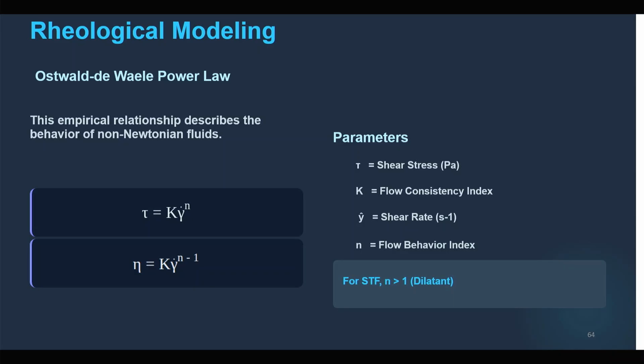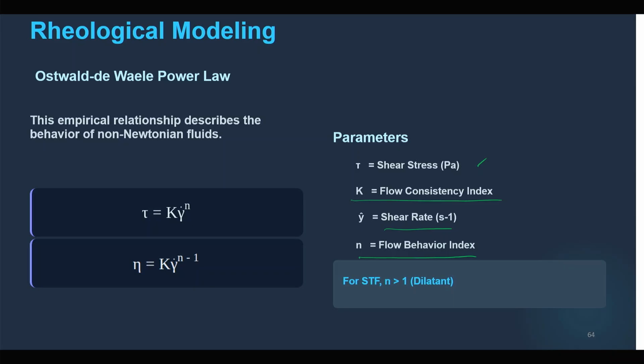Now, there is some relationship here for shear thickening fluid. The empirical relationship describes the behavior of non-Newtonian fluid. So, tau equal to k gamma power n, where tau is the shear stress in Pascal, k is the flow consistency index, gamma is the shear rate, and n is the flow behavior index.